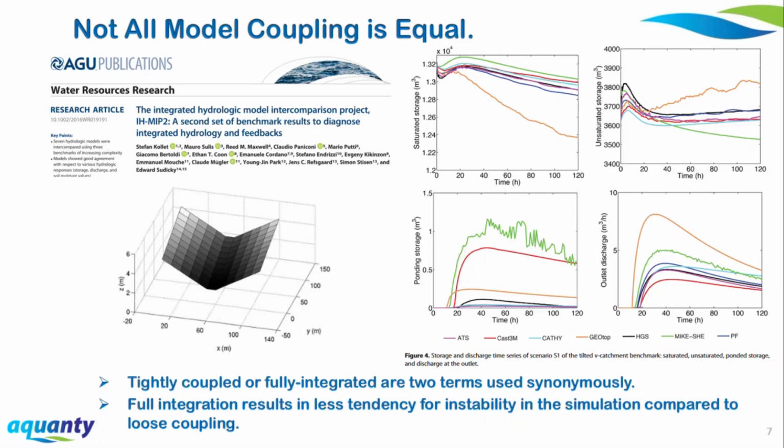The effect of loose coupling can lead to numerical instability, particularly noticeable in the ponding volumes and a little bit in the surface water discharge. Keep in mind this is a small demonstration model and not a large realistic model, but fully integrated models have a tendency for better stability compared to loose coupling.